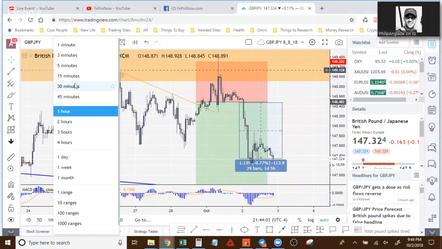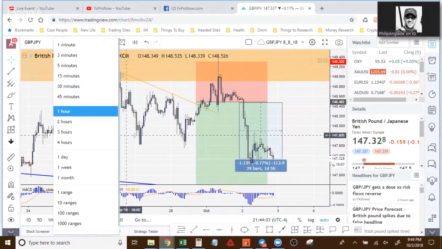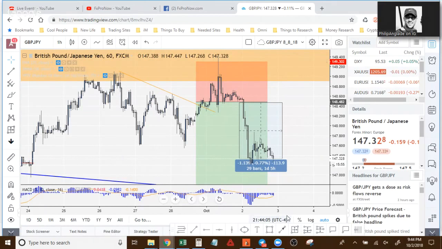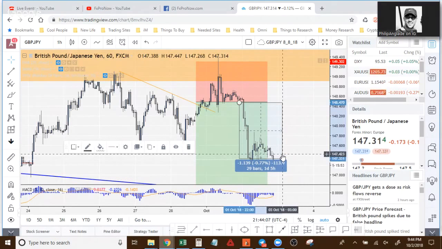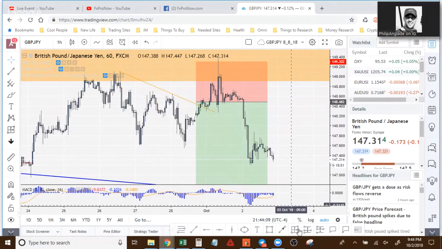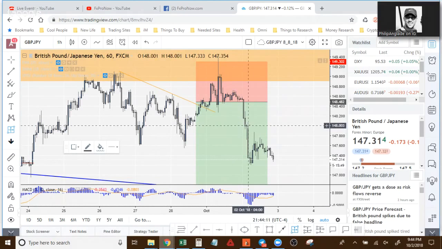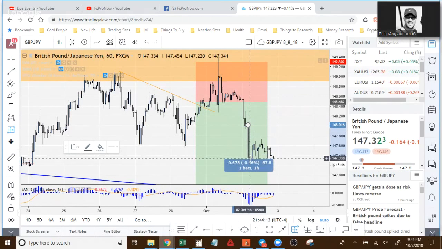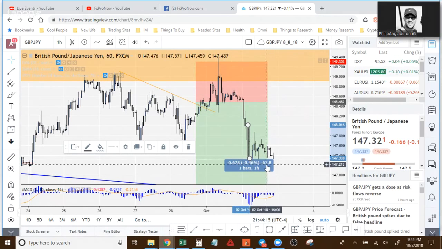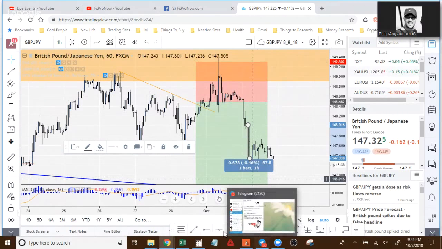So let's just say, in 1 hour, how many pips can the market move? Well, let's go ahead and take this candle right here, the long candle right here. This candle moved 67 pips in 1 hour. So let's do this long one, and then I'm going to do a short one, so you'll be able to see what's possible on each.